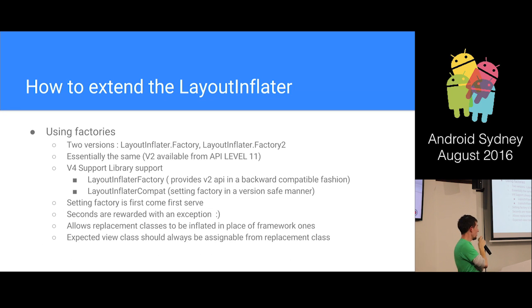Also, there is support library support for factories to be backward compatible, called LayoutInflaterFactory, which will provide you both interfaces. And there's LayoutInflaterCompat, which allows you to set the LayoutInflater factory in a backward compatible manner.